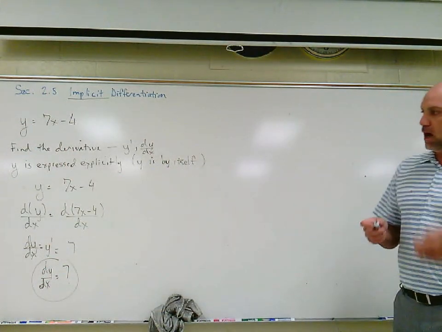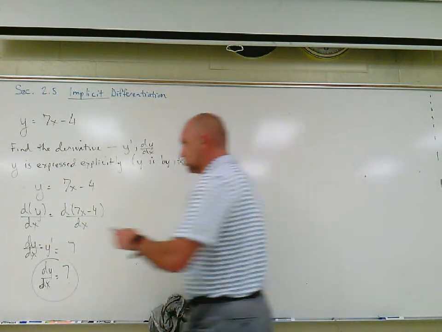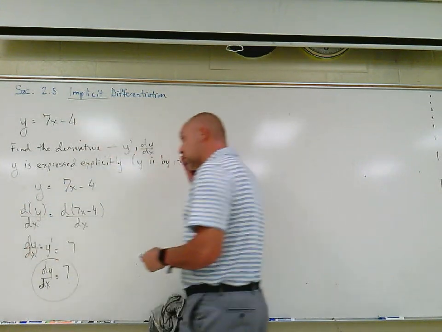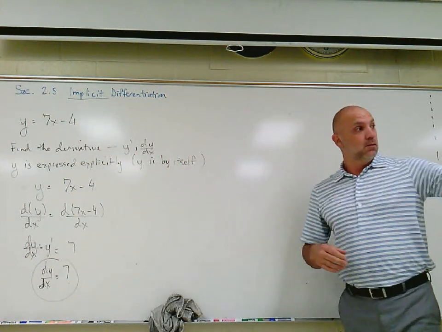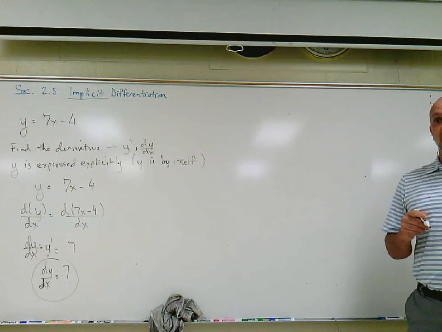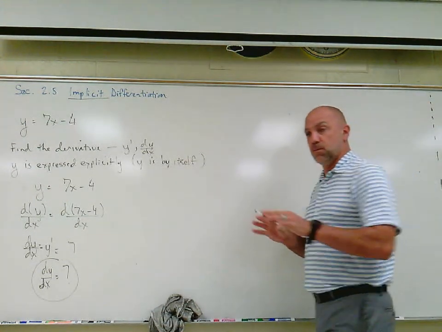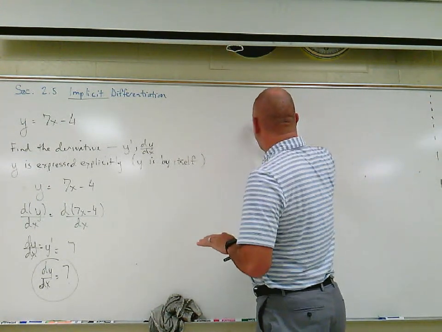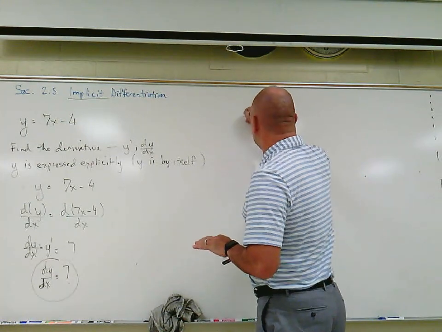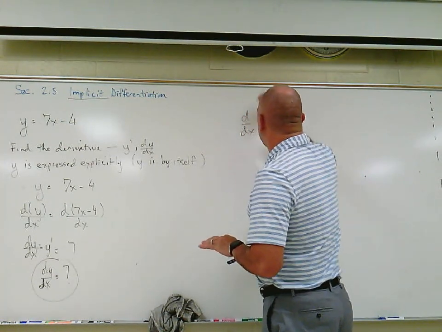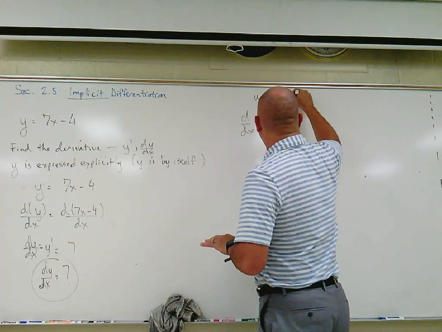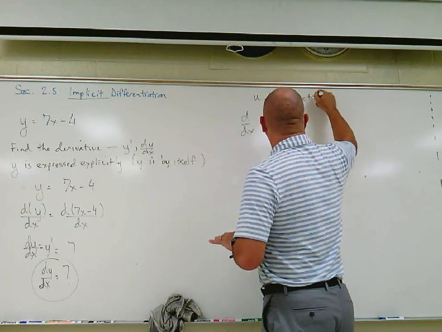Now, I want to talk more about this operator and what we would do. So then we went into section 4 before the break, and we talked about chain rule. So we talked about if I had a problem like this, and let's say u is a function of x, okay?